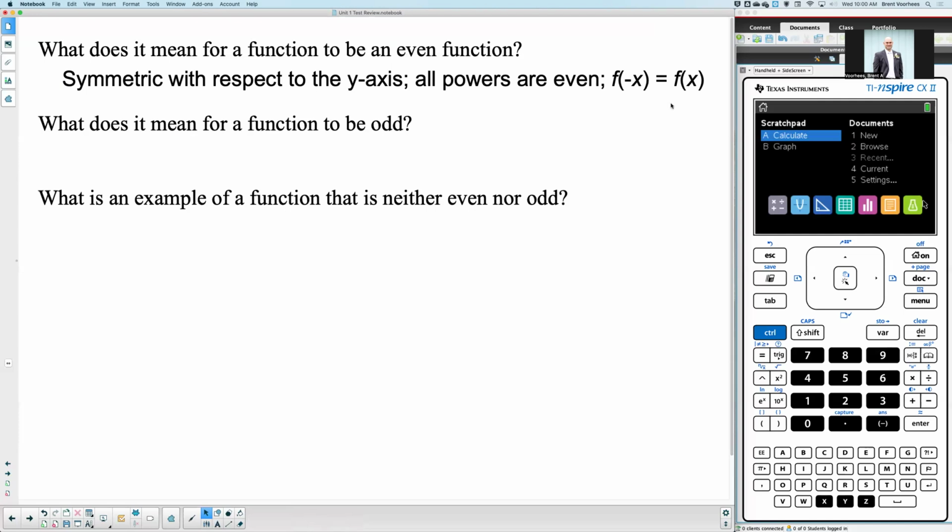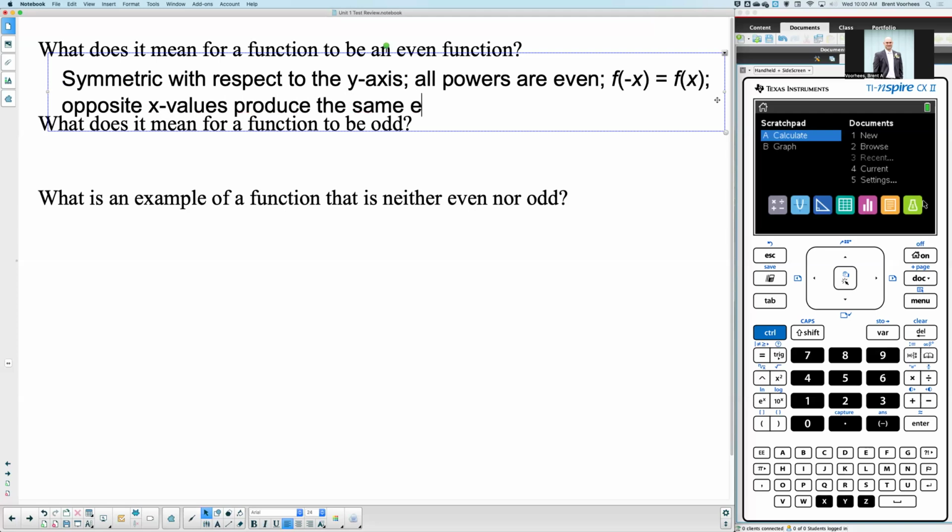That's what makes something even, for instance if they gave you a table. I'm just going to write that in. This is opposite x values produce the same exact y value.